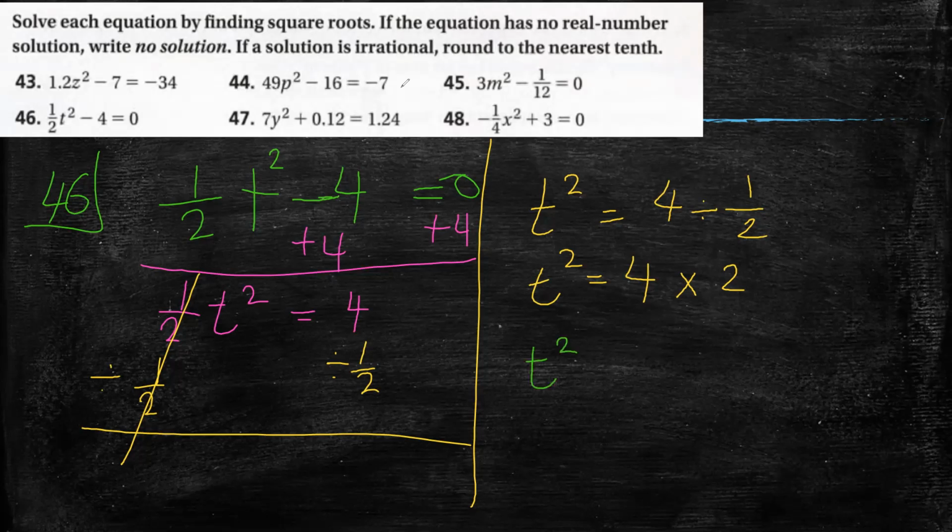So t squared equals 8. What about t? No, positive, negative what? You don't have a solution? Okay, so keep it as square root of 8.